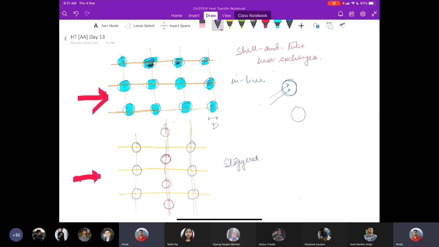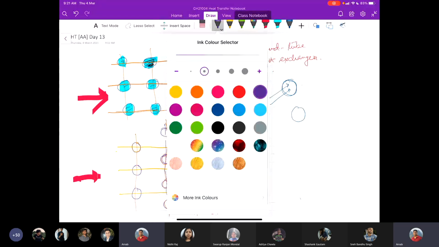Such an arrangement has a couple of parameters that we can vary, or characteristics of the arrangement.